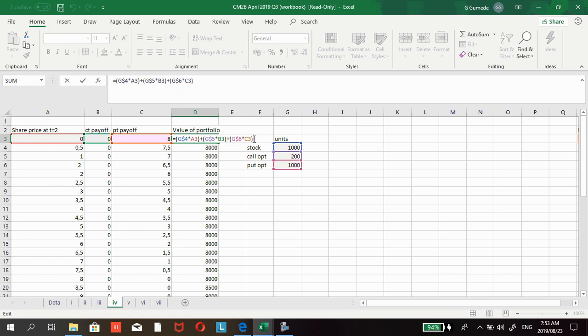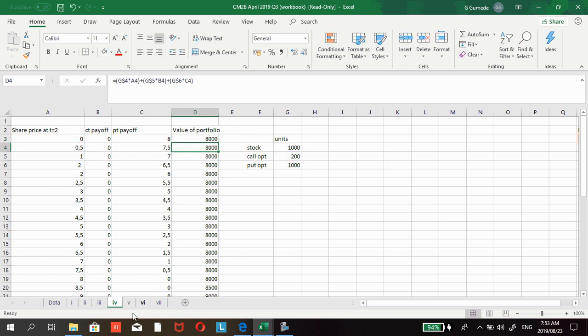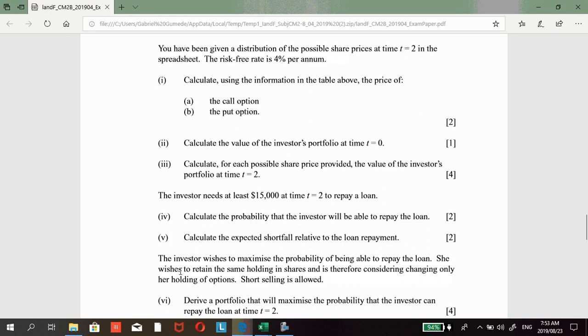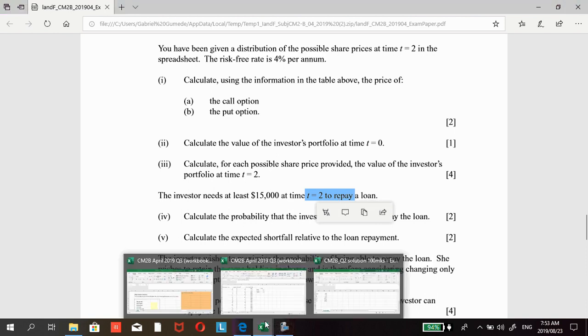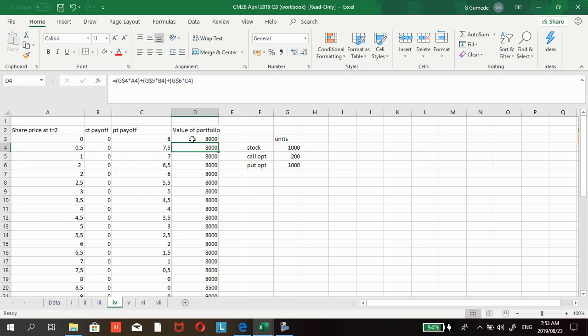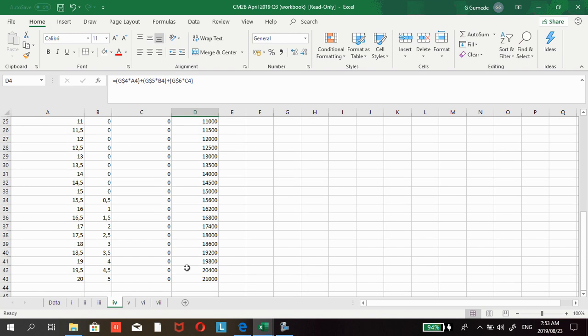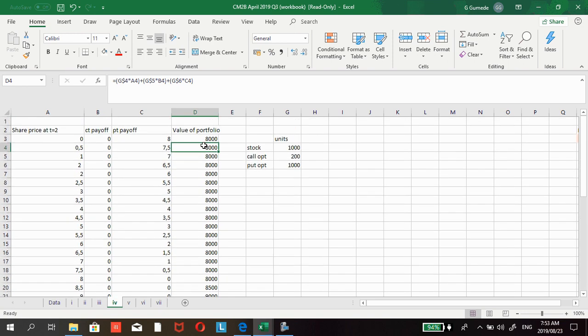Now they want the probability that the investor will be able to repay the loan. Now for the loan, we need at least 15,000 at time 2, at maturity, to repay the loan. And if you look here, these are your values at maturity.